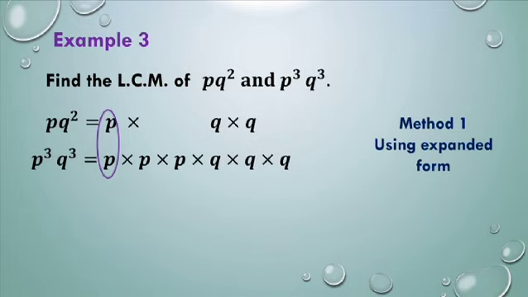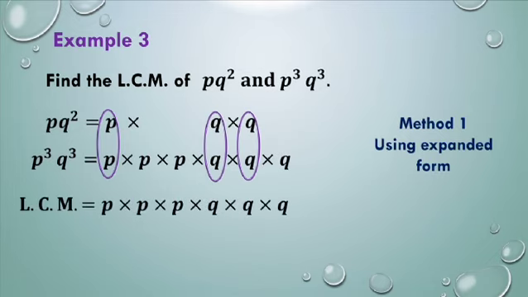So here p is common, q is common 2 times. So the LCM is going to be p times p times p times q times q times q, which gives me p to the power of 3, q to the power of 3.